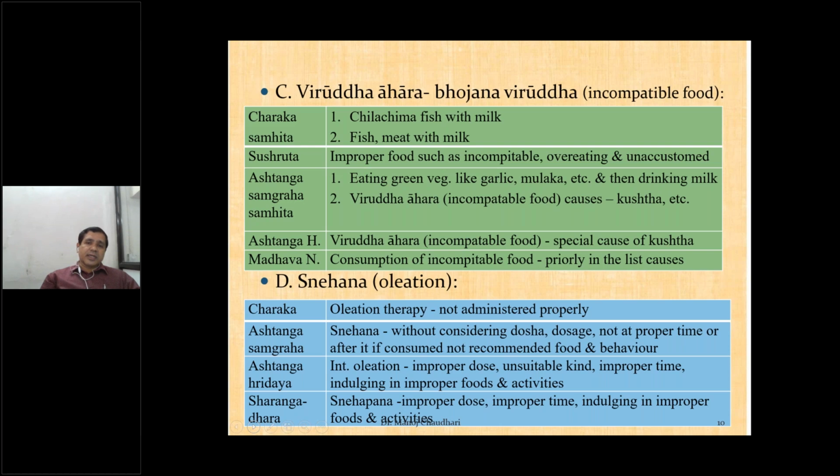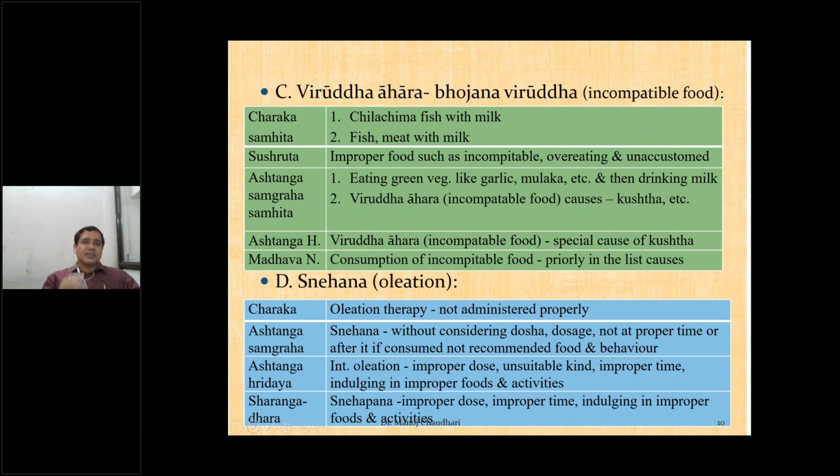Ashtanga Hridaya has also mentioned Viruddha Ahara. Madhav Nidan has explained the consumption of incompatible food also, and it is mentioned priorly in the list of causes in Madhav Nidan. Now here you can see the causative factors, which I have compiled from Brihatraya and Laghutraya. So you can see the contribution of other texts also.